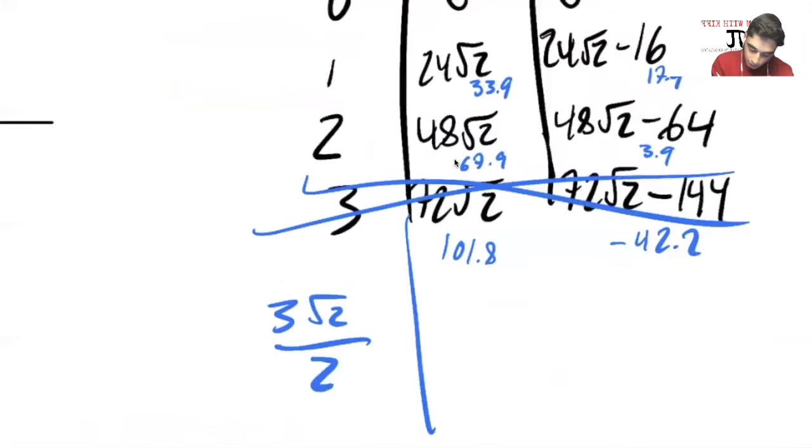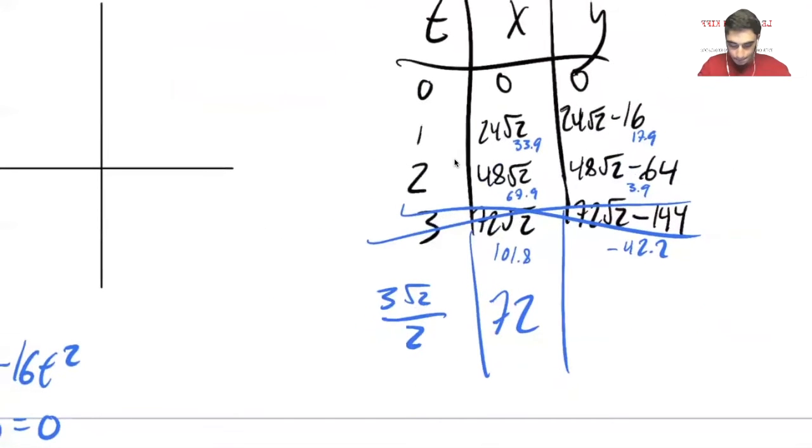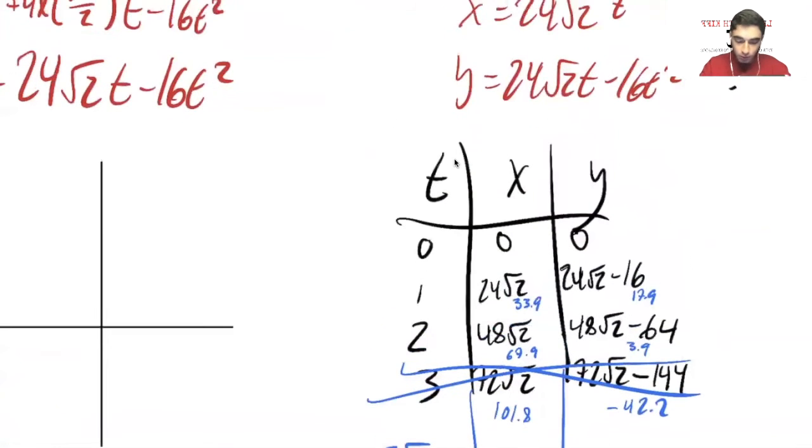Okay, that's 72 for the x. And then we have 72 again minus 16 times 3 radical 2 divided by 2, squared. That is a really low number.